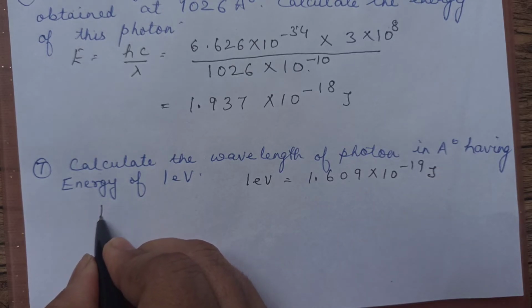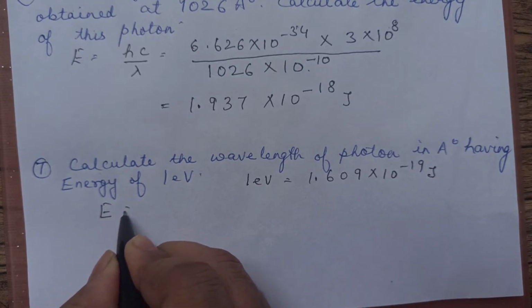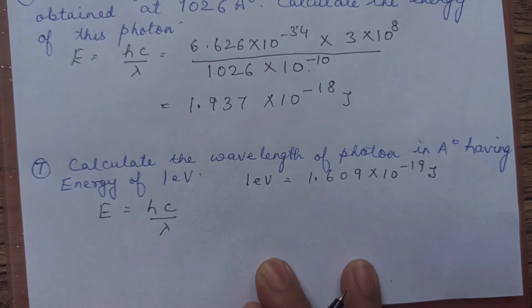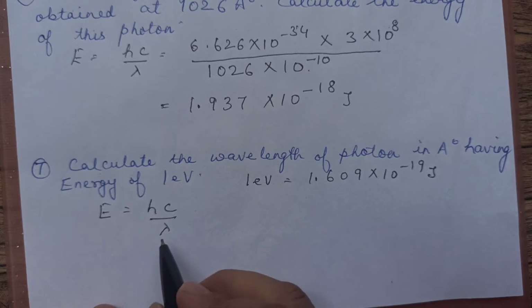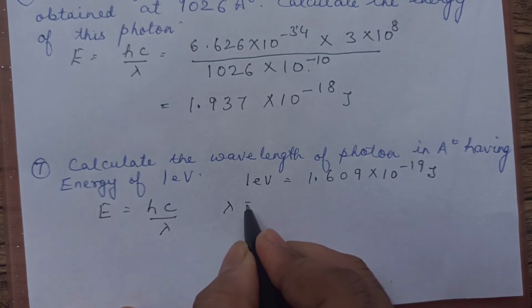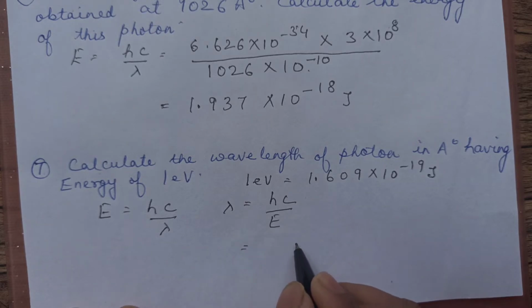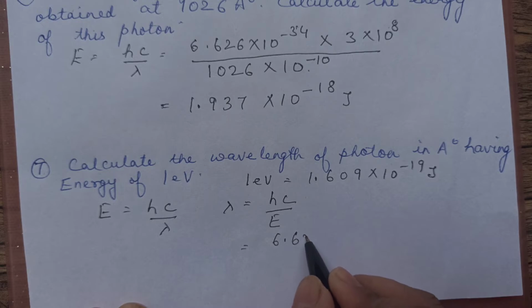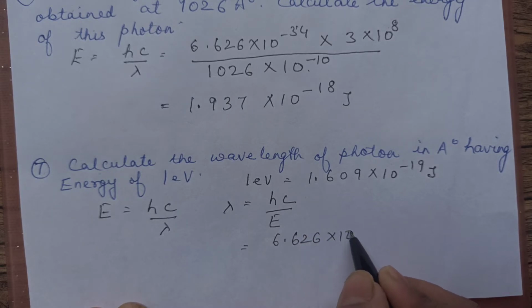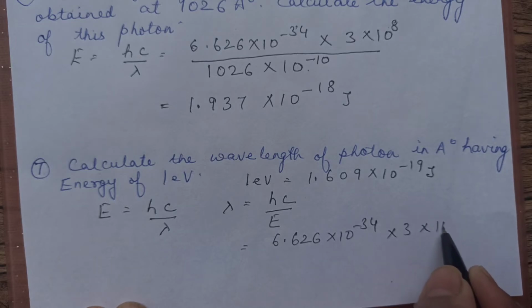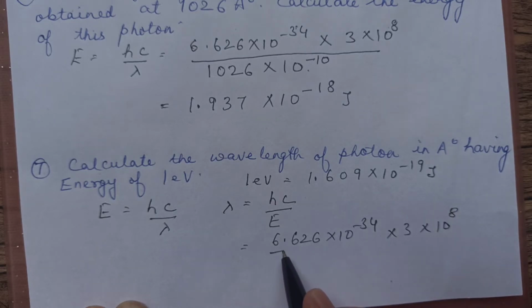Okay, then we will be using this formula: E is equal to hc by lambda. What are we asked to calculate? Lambda. So you will have lambda is equal to hc by E. What is h? We are using joules, so we will be using h value also in joule. 6.626 into 10 to the power minus 34, and this also will be in MKS, into 10 to the power 8.